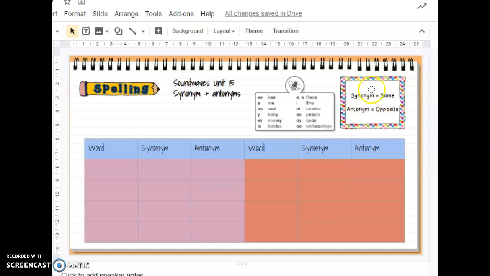So when you're looking at finding a synonym for a particular word or one of your spelling words, it's going to be a word that you can use interchangeably. Now, interchangeably means if you can replace that word in a sentence by the synonym that you're creating or saying is a synonym for that word, the meaning of a sentence should stay the same.